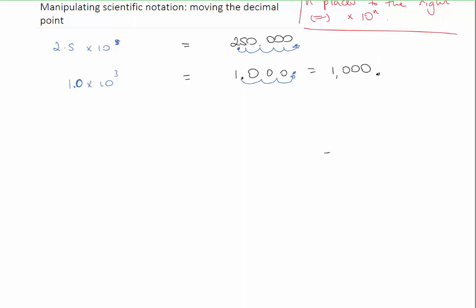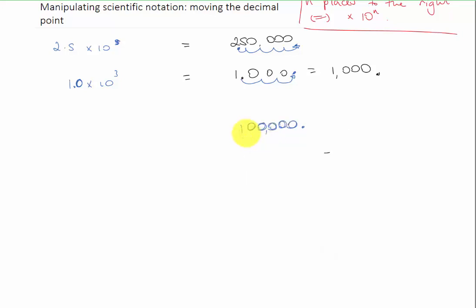Alright, let's do another one, but from the other way round this time. We can also move from decimal notation into scientific notation. So how about 100,000. So that's 1 with 5 zeros after it. So where is the decimal point here? It's here at the end. And we'd like it to be over here, wouldn't we?